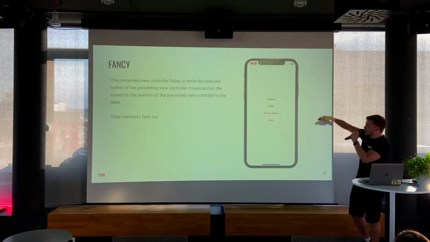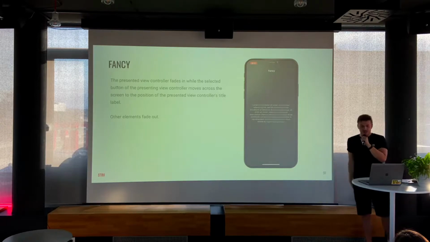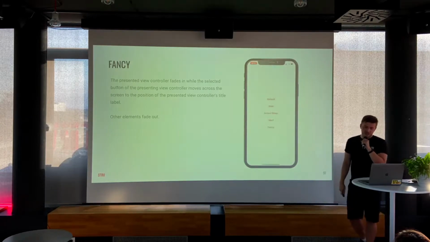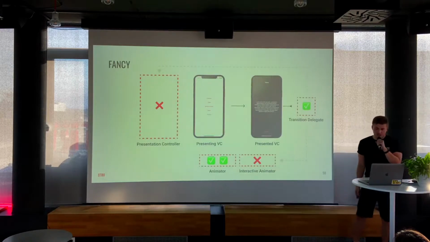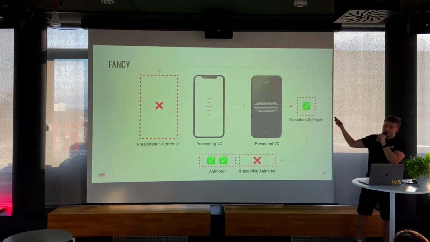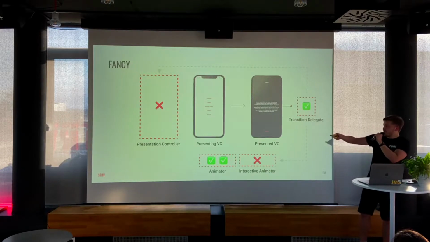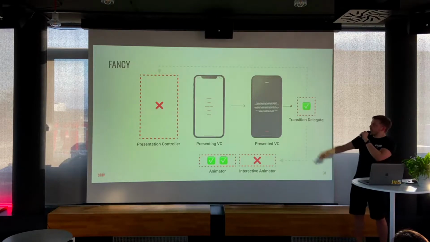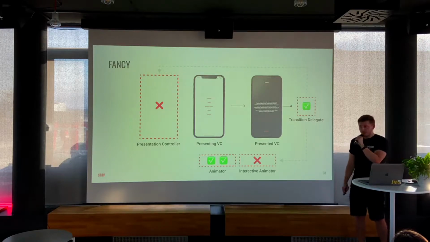And as it moves, other elements fades out and fades in. First, our game plan. This time, we know transition delegate, we have to. We don't need to provide presentation or interaction animator, and we'll just take care of this fancy animation.